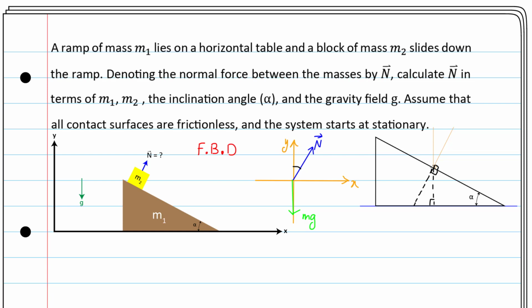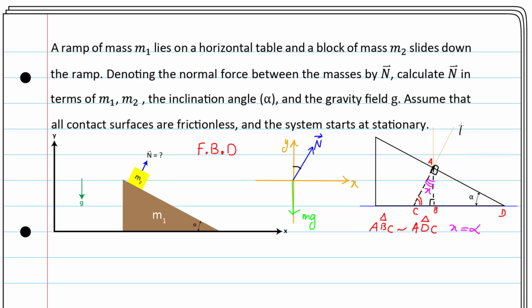And we look at the triangles A, B, C, and A, D, C. The triangle A, B, C is similar to A, D, C. Why? Because they have a common angle C and they are both right triangles. So this angle here, which I denote by X, is equal to alpha.